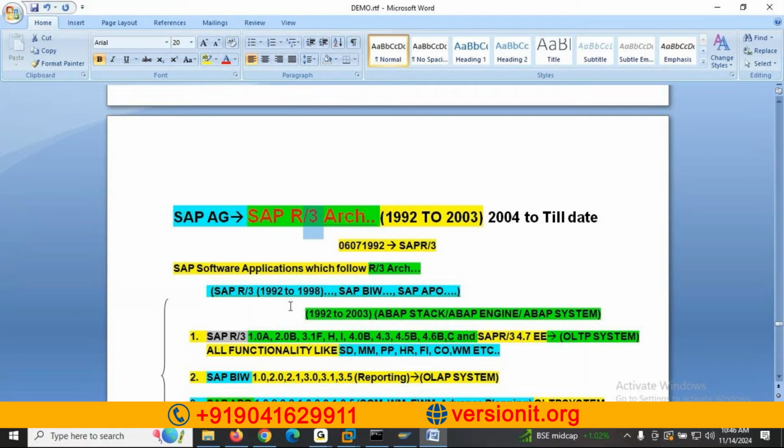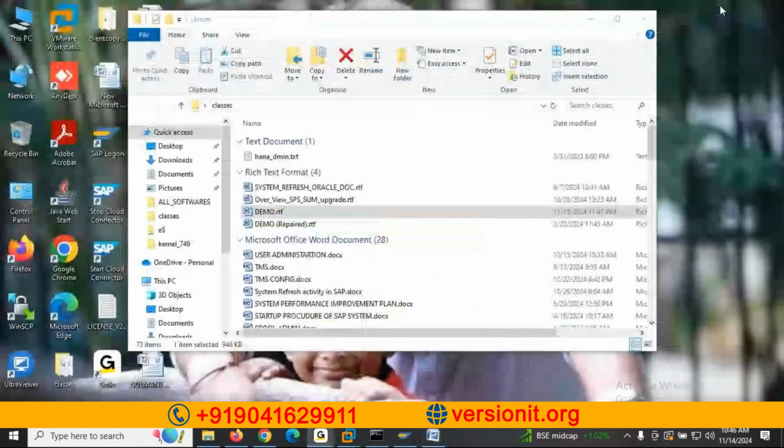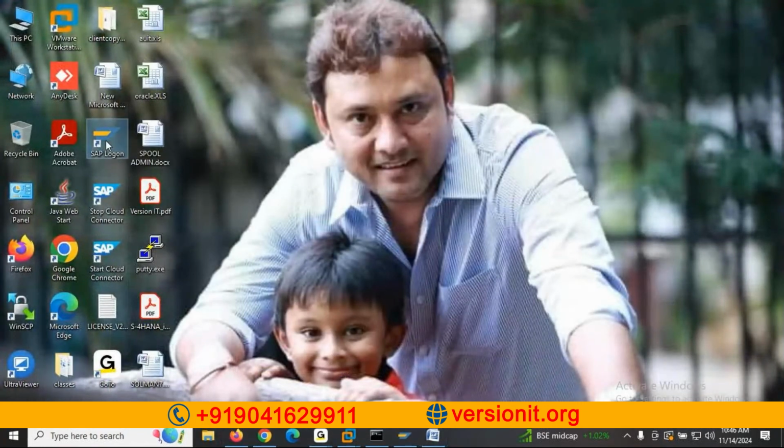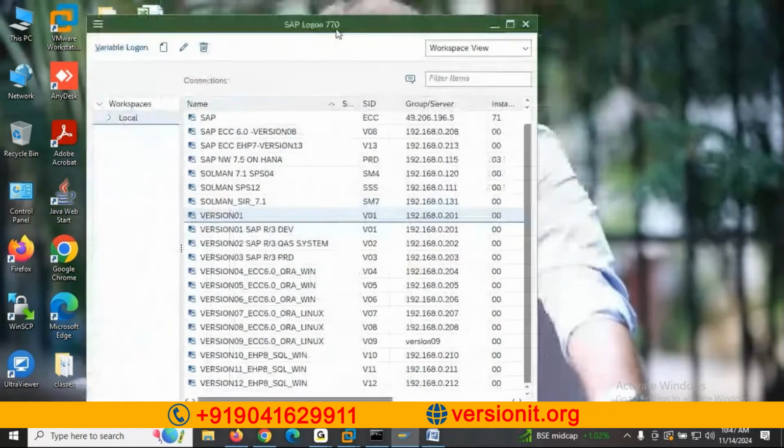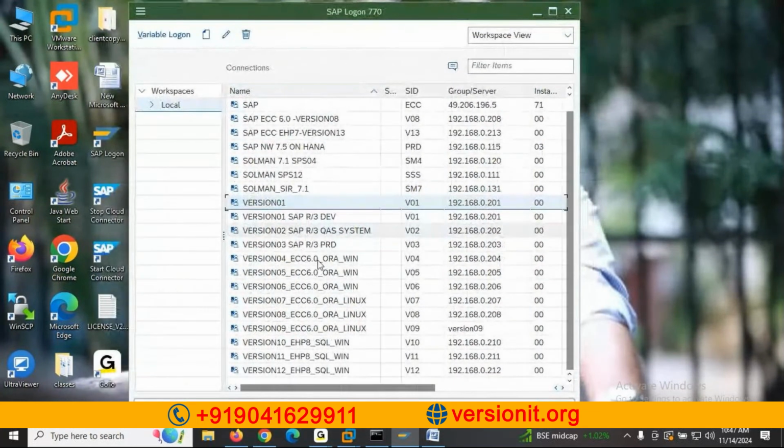What do you mean by SAP GUI, guys? GUI stands for Graphical User Interface. Now, if you want to look at it, sir, how does a GUI look like? This is your logon pad through which we connect various systems. In one sense, we call this GUI. We need to install this one. See this, guys, we have many systems to connect, starting with the S4 HANA system to the R3 system.